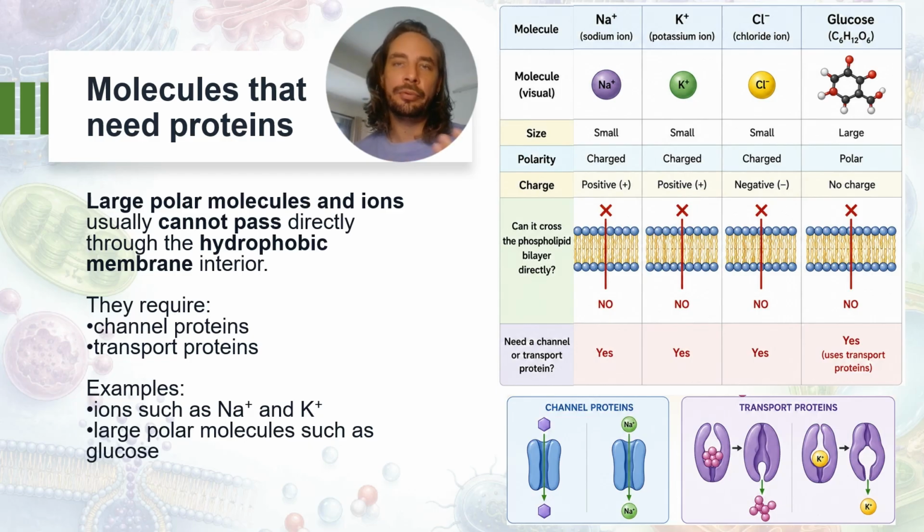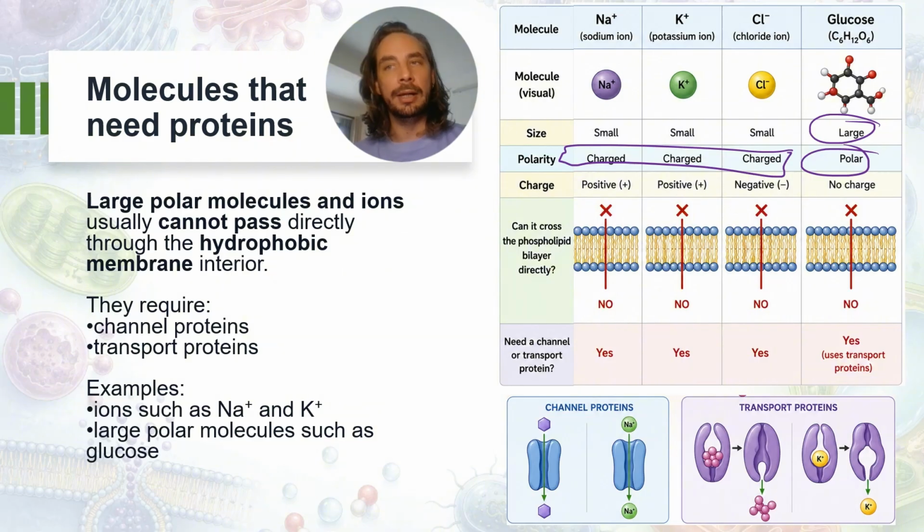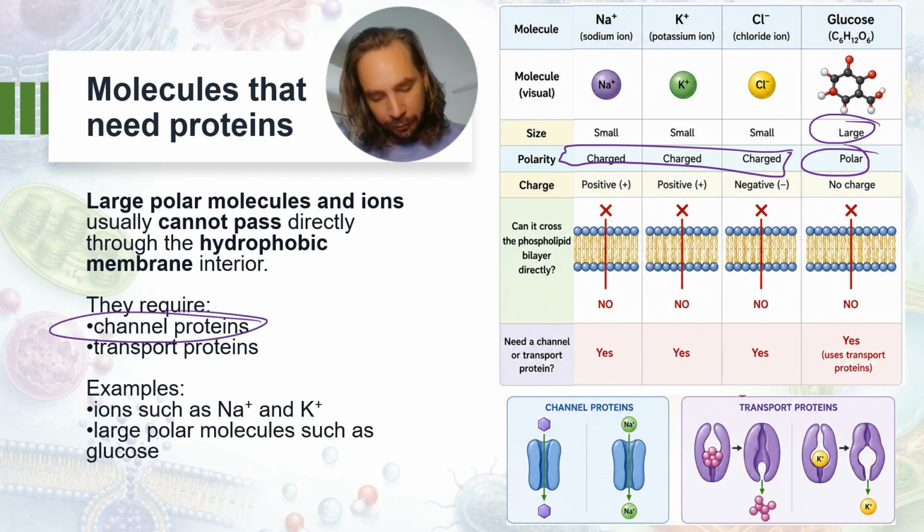Molecules that need proteins. Some molecules do not pass freely over the cell membrane. They are blocked because they have polarity. They're charged, or they're large and polar. These types of molecules require proteins.